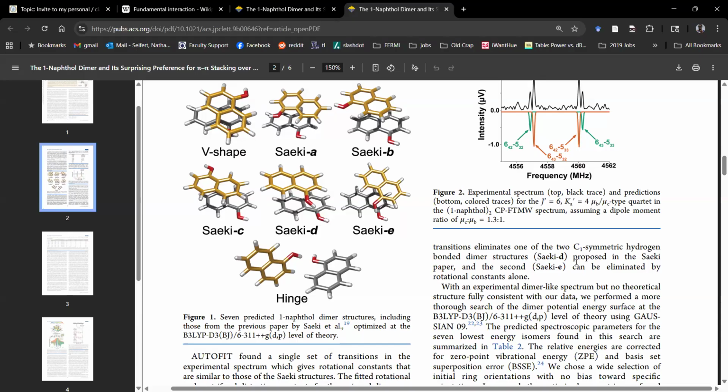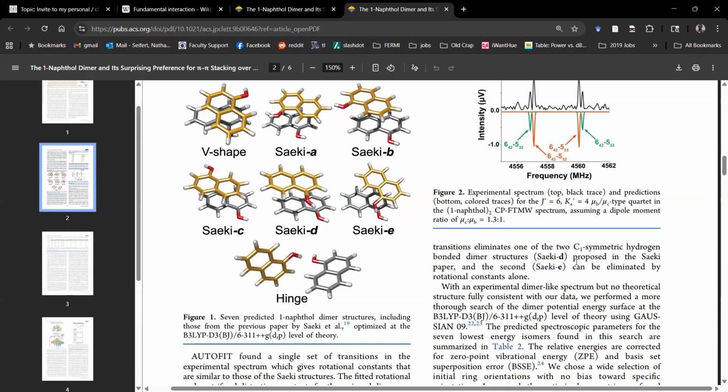The problem that we had, so these are all named after Seiki. Seiki is the guy who did the IR. And he couldn't figure out where the oxygens are with respect to each other. So he gave in his paper 5 different possible structures that agree. A, B, C, D, E. Notice that in most of them, there's 2 where the oxygens are off the side, but there's one where they're hydrogen bonded here.